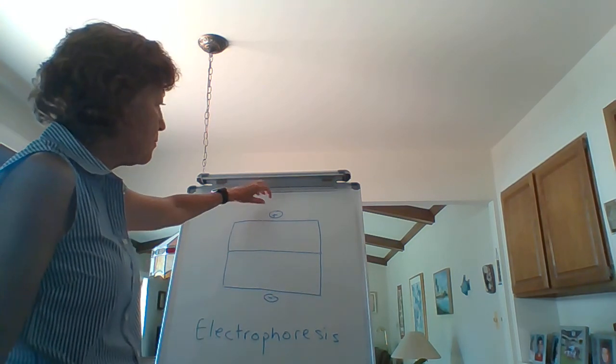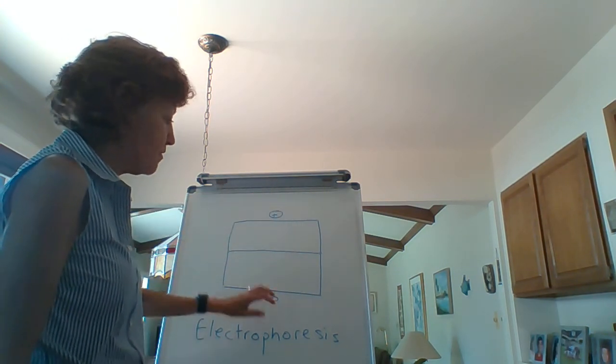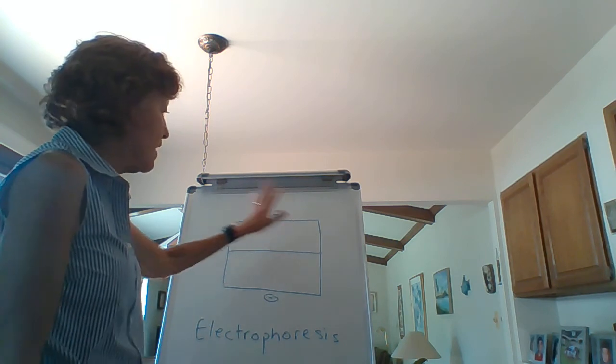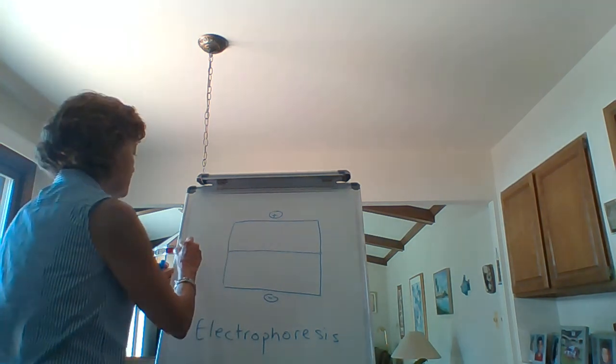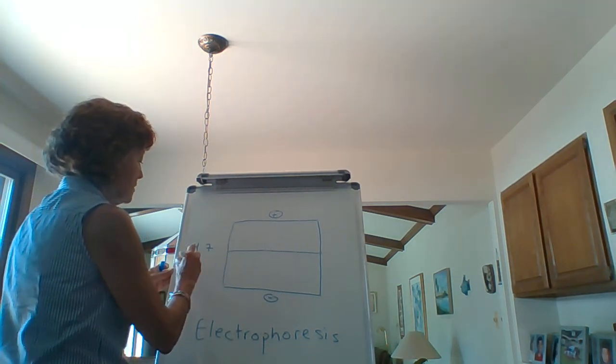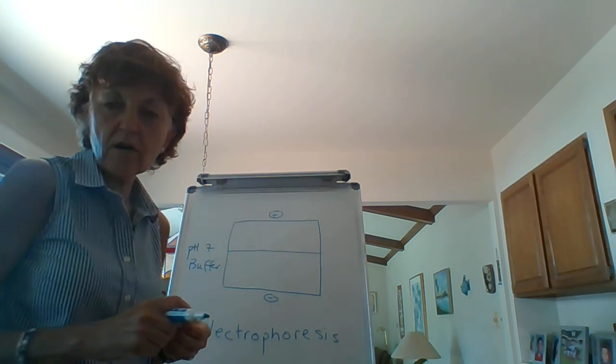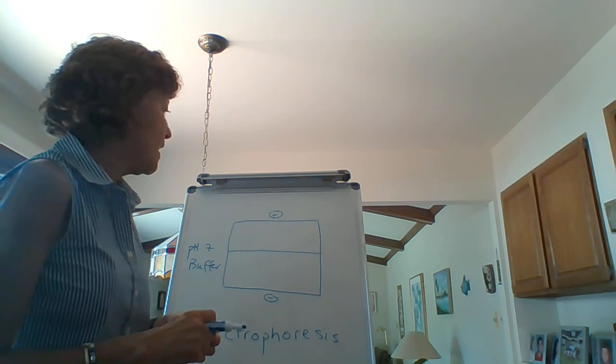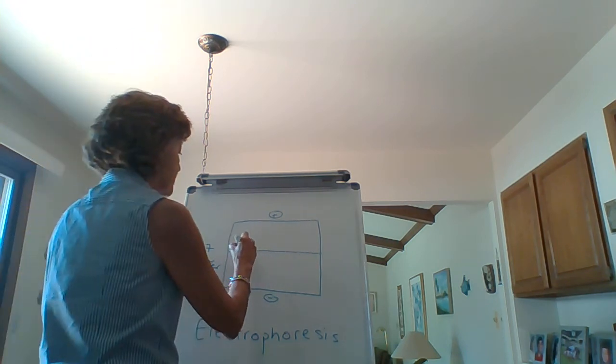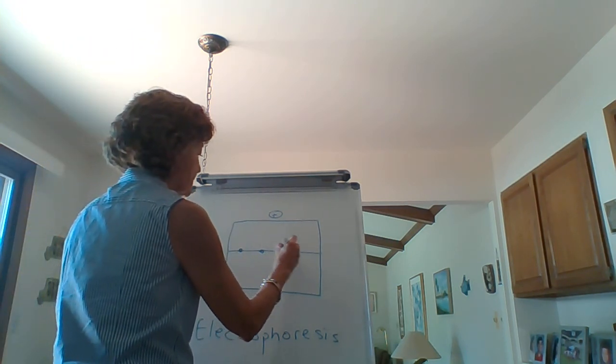I had a positive electrode over here, a negative electrode over here. And let's say I have a pH 7 buffer, okay? So that means all my amino acids are at a pH of 7. And let's say I put a bunch of amino acids here.